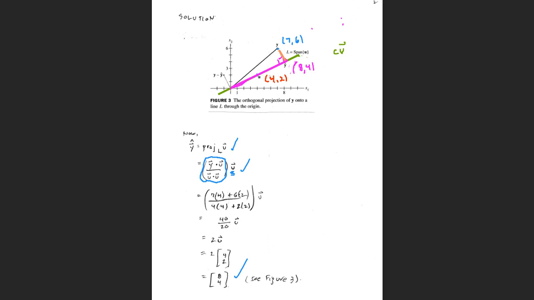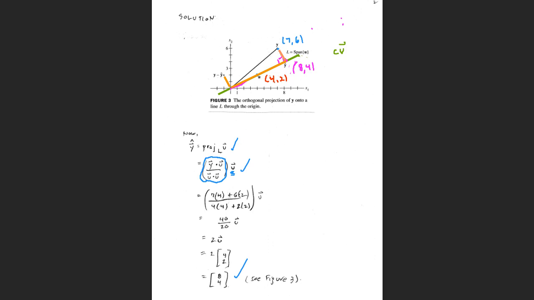The pink vector y hat, and that orange vector is the same vector as y minus y hat here. Well, that is what the orange vector is, y minus y hat.